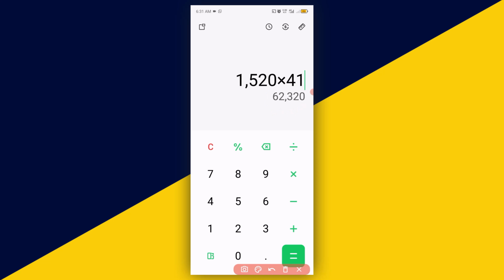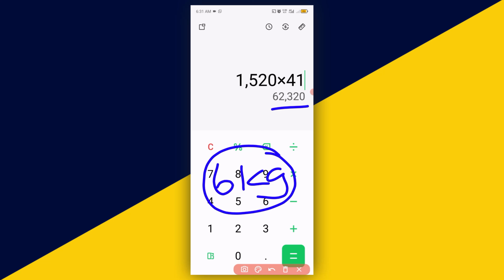This simply means that 62,320 naira is the amount we are going to pay in order to pick up our goods of 6 kg. That is the international freight from China to Nigeria for 6 kg of goods.